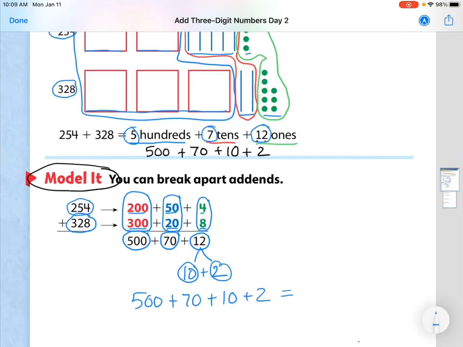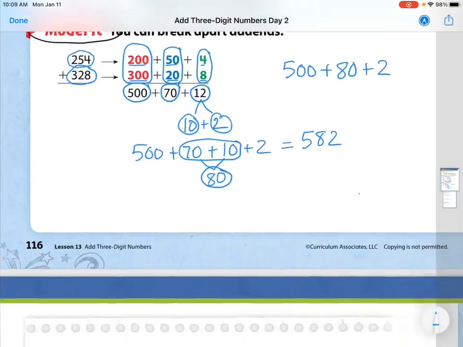So when we look at that, we can easily put those 10s together. 70 plus 10 is 80, and my new equation then would say 500 plus 80, right? Because 70 plus 10 gets me 80. So 500 plus 80 plus 2, okay? And then the answer is 582.